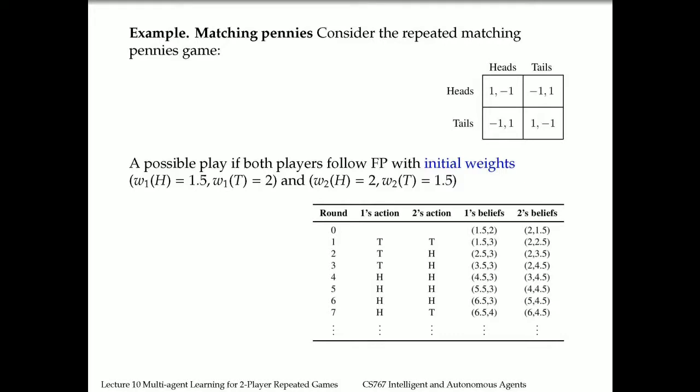So we actually add 1 to the weight of tails, and now player 1's belief becomes 1.5 and 3, whereas in the case of player 2, what happened in that stage is different from his prior belief, which was 2 and 1.5. So he needs to add 1 to the belief that the first player would like to play tails. So now his belief becomes 2 and 2.5. So now you can see there's a switch in the belief, because player 2 now thinks that player 1 will be more likely to play tails.